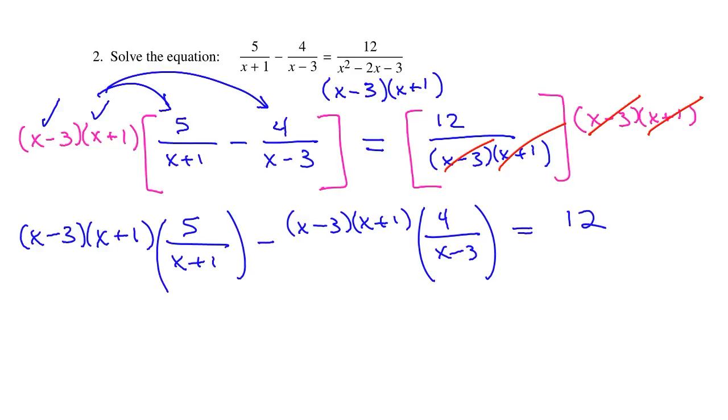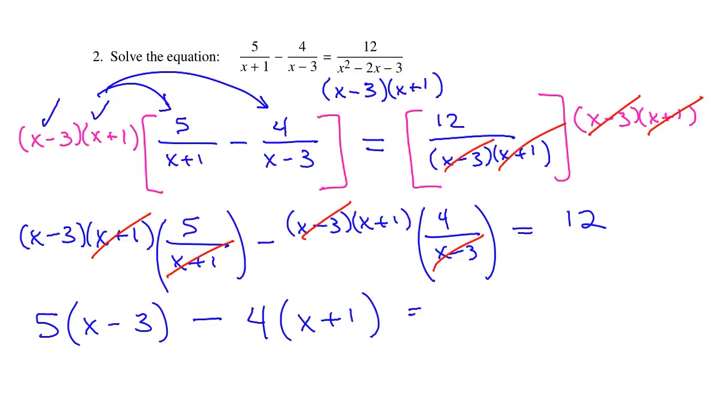Next, I'm going to cancel the factors on the left side. So we have x plus 1, and we have x minus 3. That leaves me with 5 times x minus 3 minus 4 times x plus 1 is equal to 12.